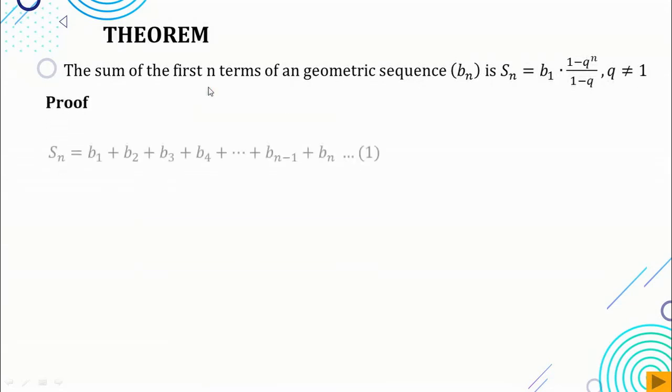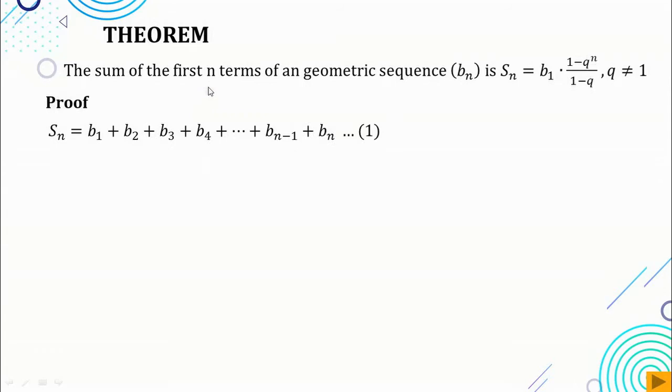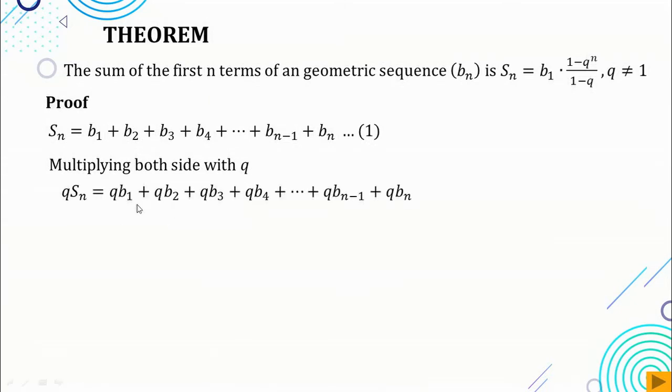Okay, we want to prove it. Because we have from before Sn equals b1 until the general term bn, we want to multiply both sides by k, and then the result will be k Sn, and all of the terms are multiplied by k too.